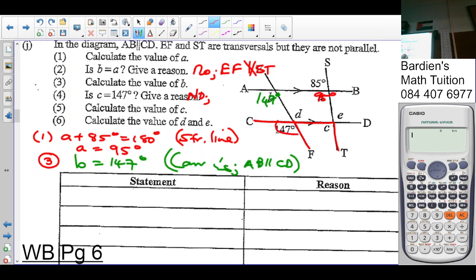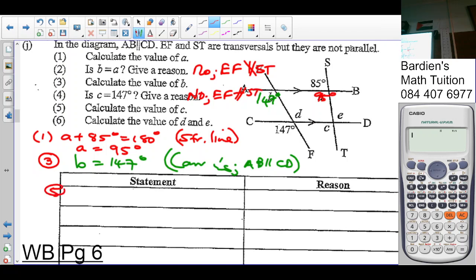Those angles are corresponding, but these lines are not parallel. So give a reason why it's not equal: because EF is not parallel to ST.